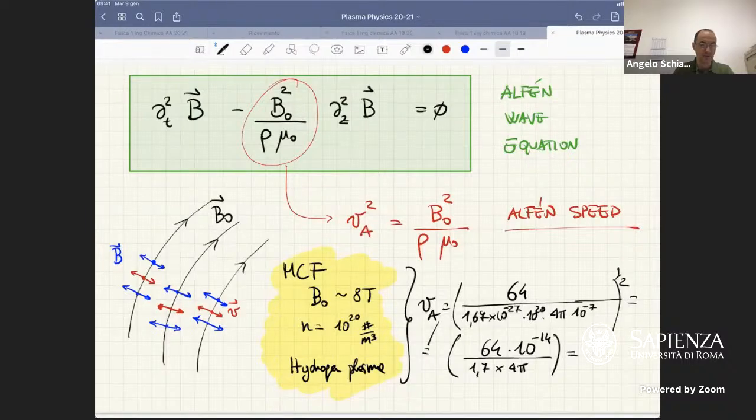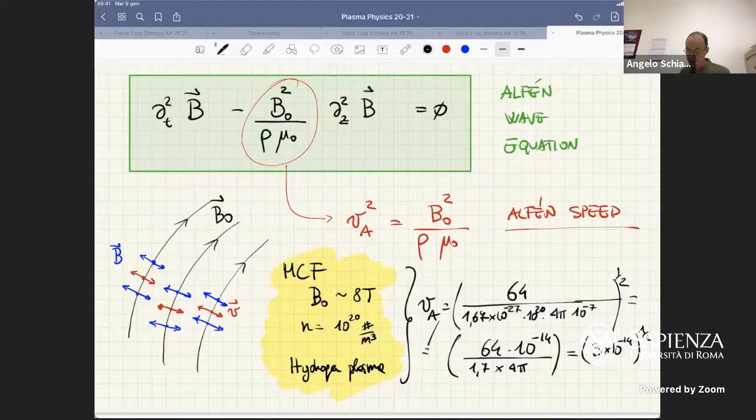So we have 64 divided by 1.7 divided by 4 divided by 3, which is about 3. So we get 3 times 10 to the minus 14, and we have the square root of it.